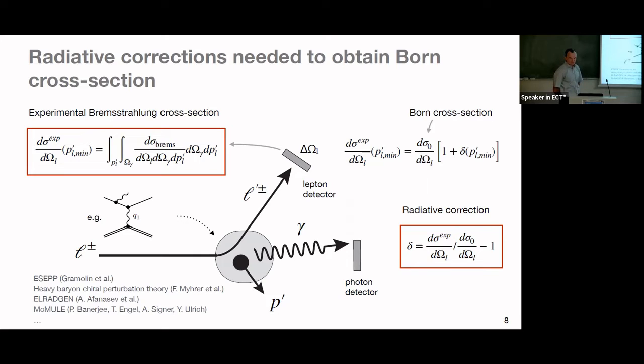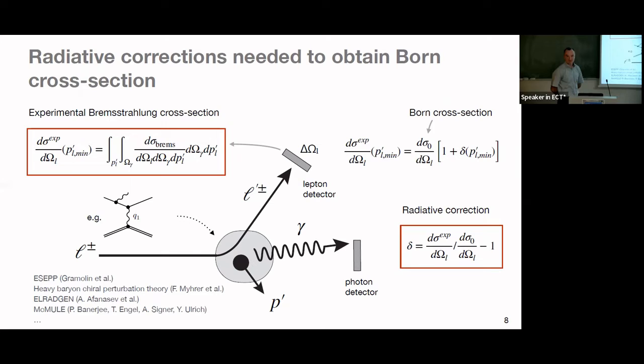So once we have that cross-section measured, the experimental yield, we need to do corrections to find the Born cross-section. That's the quantity of interest to study our form factors. The connection between the Born cross-section and the measured cross-section, that is including the radiative corrections.